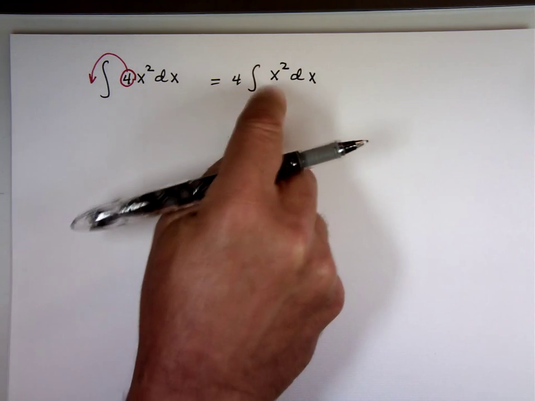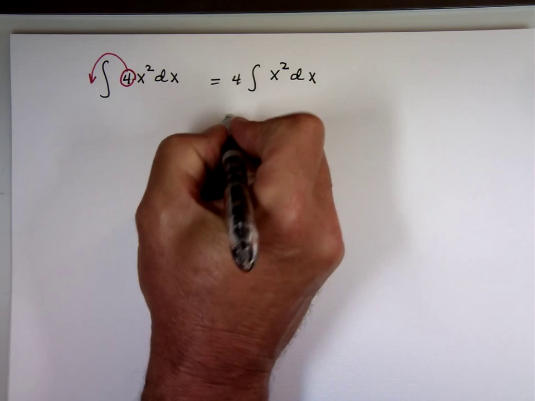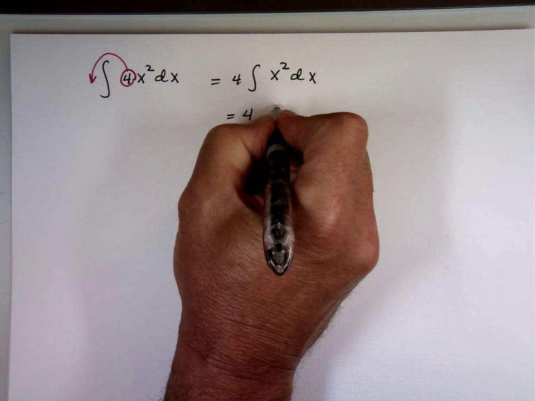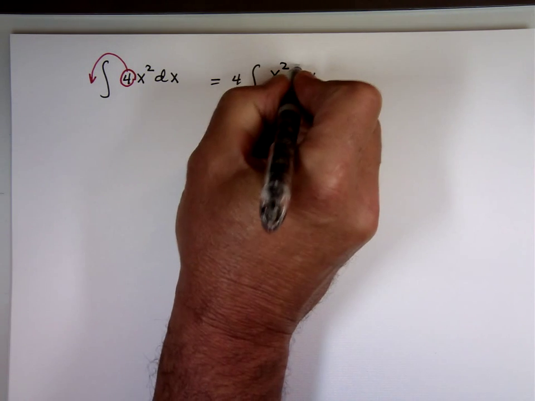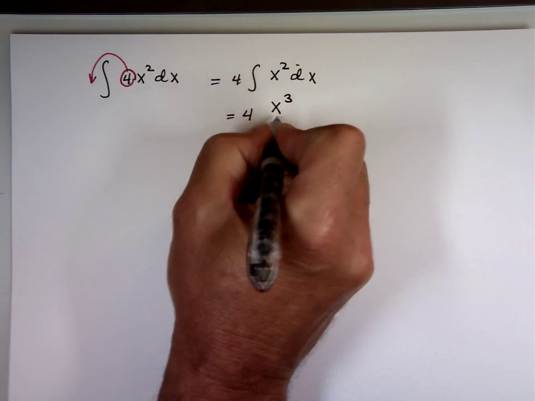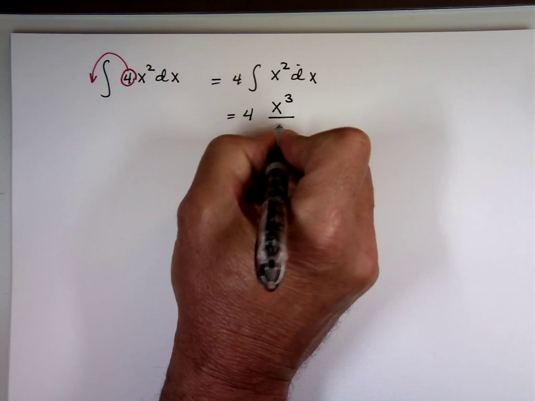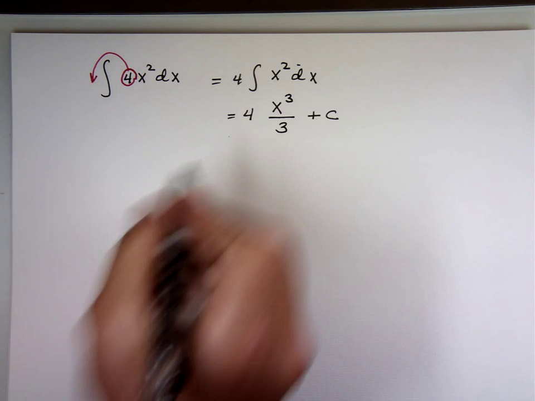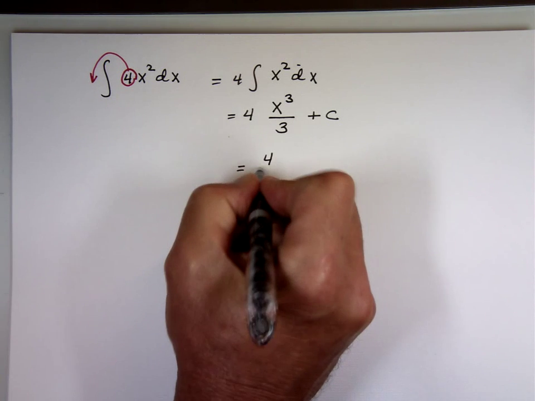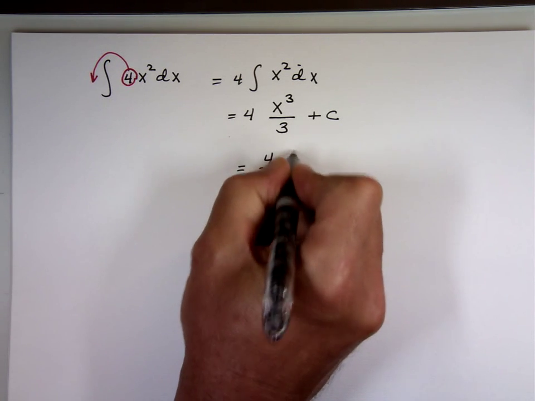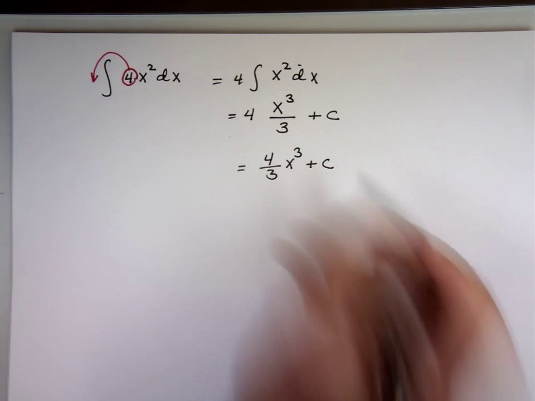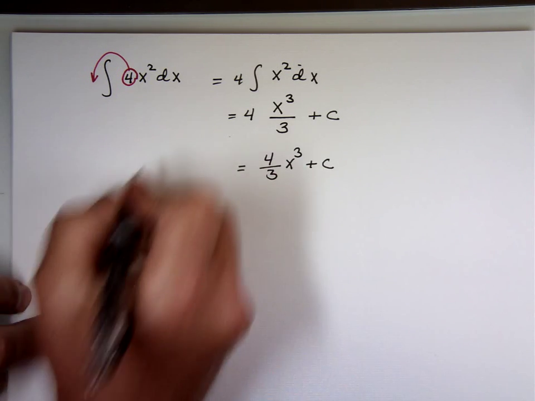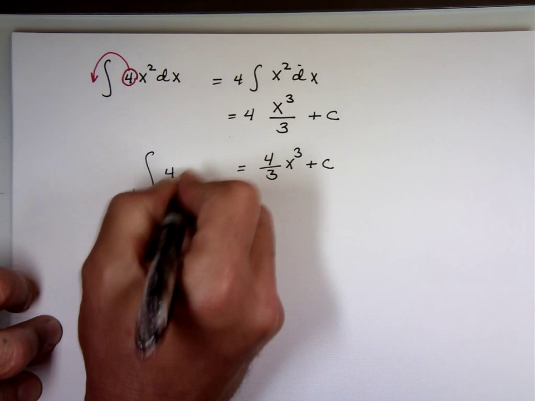Now, what function has a derivative x squared? Apply the rule. It says add 1 to the power. What is 2 plus 1? 3, and divide by the new power, 3, and don't forget to add c. So the answer is 4/3 x cubed plus c. That is the answer to the integral of 4x squared dx.